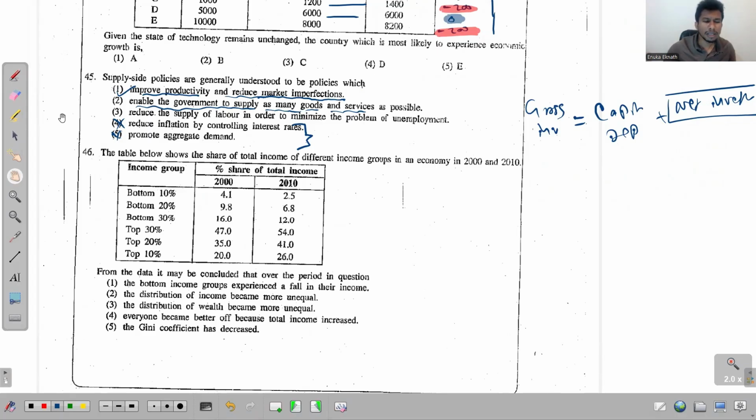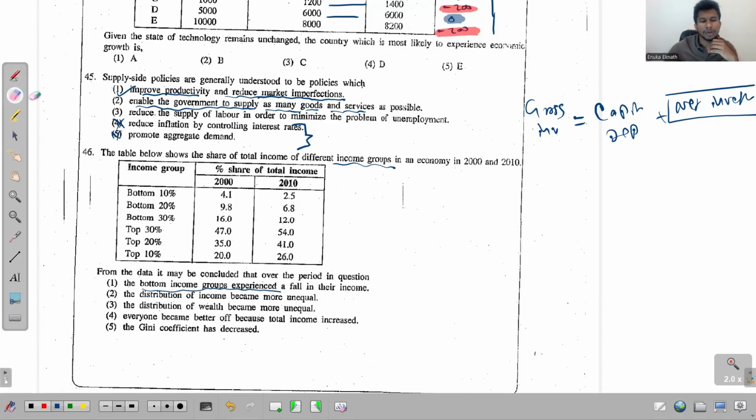Right. Look at this question number 46. The table below shows the share of total income of different income groups in an economy in 2000 and in 2010. So for each income group, we get the percentage share of total income in year 2000 and year 2010. The requirement is, from the data, it may be concluded that over the period from 2000 to 2010, the bottom income groups experienced a fall in their income.